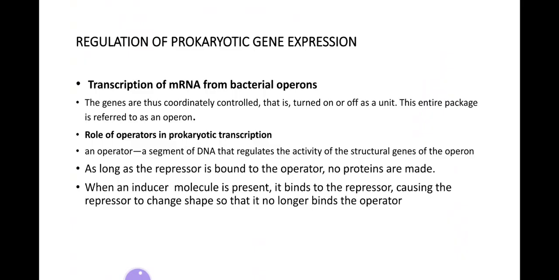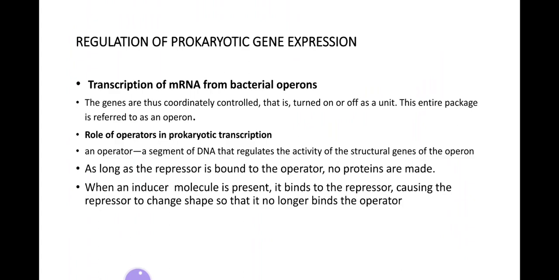In this lecture we will study the regulation of prokaryotic gene expression. Eukaryotic gene expression will be explained in the next lecture. In the prokaryotes, for example in E. coli, the regulation of gene expression, as we have already studied, is at the level of transcription.